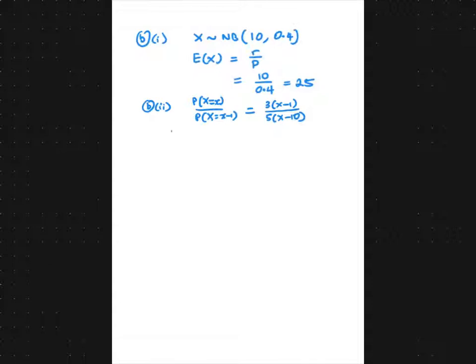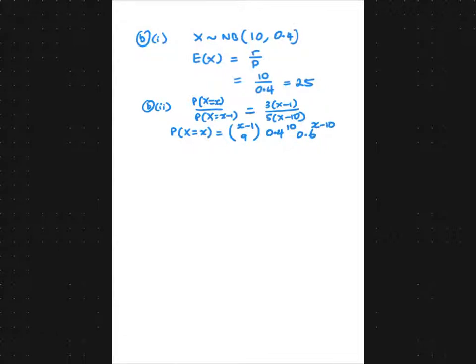We know that P(X equals x) is equal to, x minus 1, so that's r minus 1, so that's 9, then you get 0.4 to the power of 10 times 0.6 to the power of x minus 10.